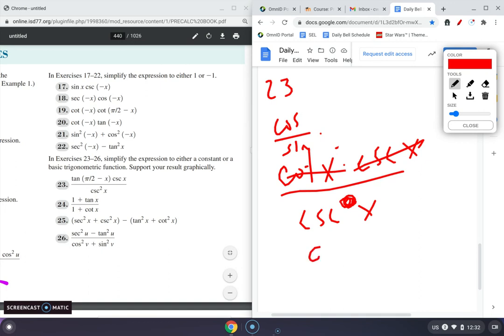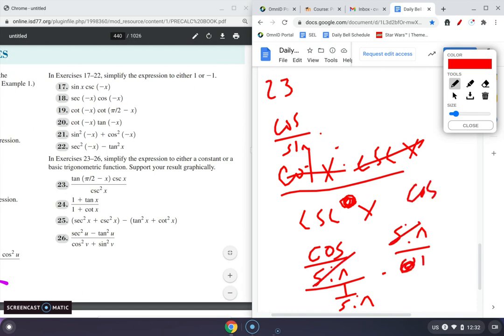So now we have cosine over sine over cosecant, which would be 1 over sine. So then we're going to multiply by the reciprocal, cancel it out, and you are left on number 23 with the cosine of x. Apologize for my sloppiness sometimes.